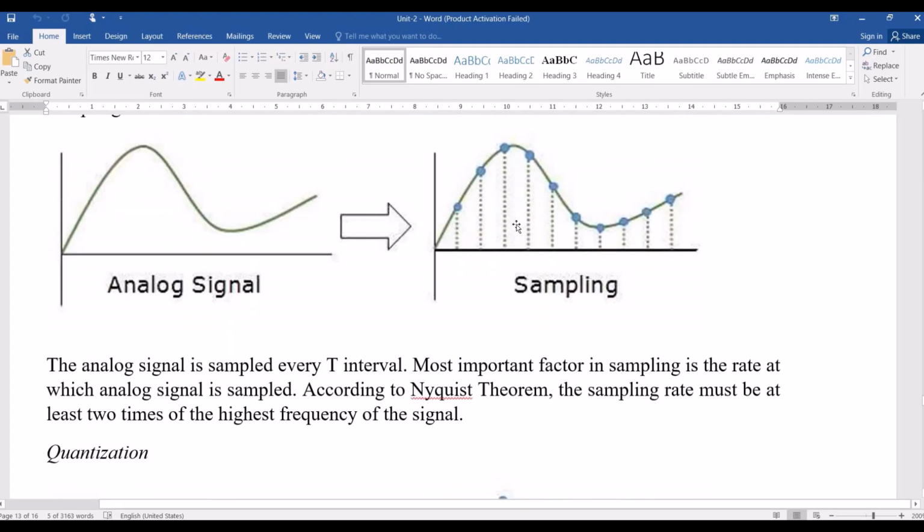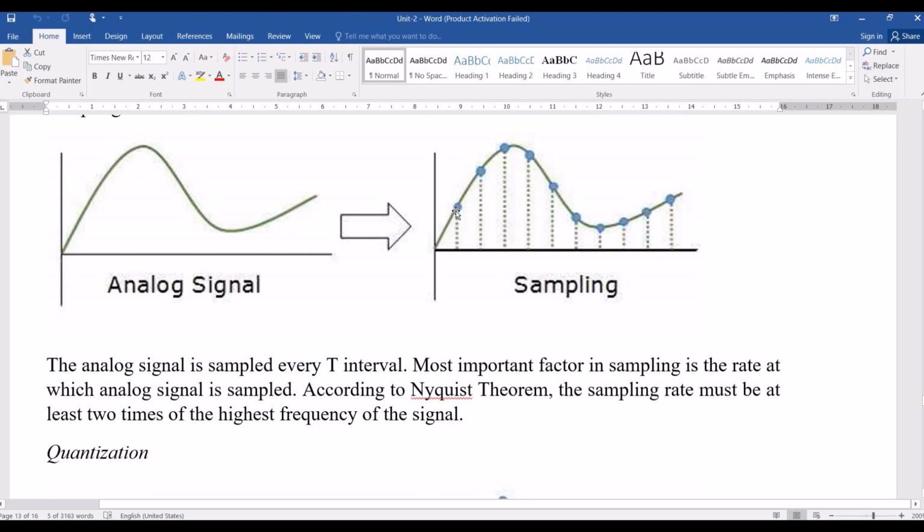Taking samples is very important in analog to digital conversion. Why? If you take too many samples, it creates problems, with lots of duplication. If we take ten samples in between, there are lots of duplicates.